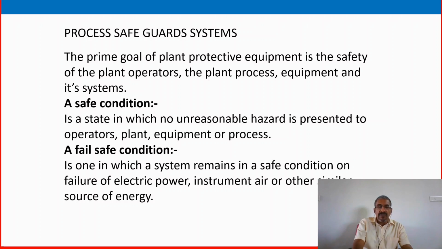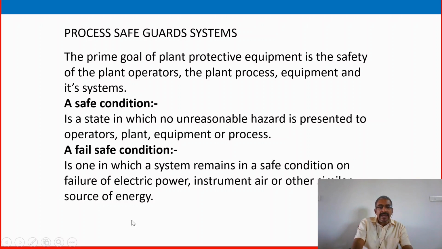So it is within the designed operating condition, within the set point of the process variable. A fail-safe condition is one in which a system remains in a safe condition on a failure of electrical power, instrument air or other similar source of energy.